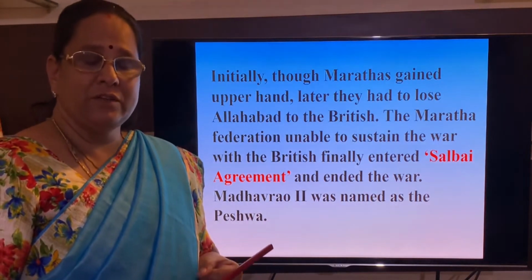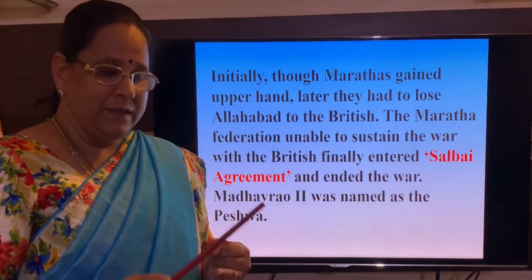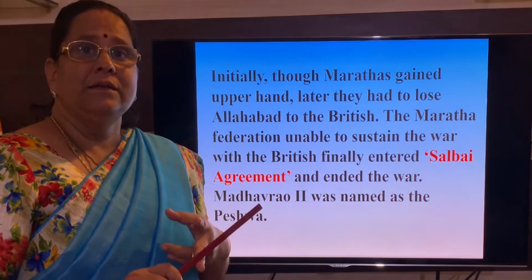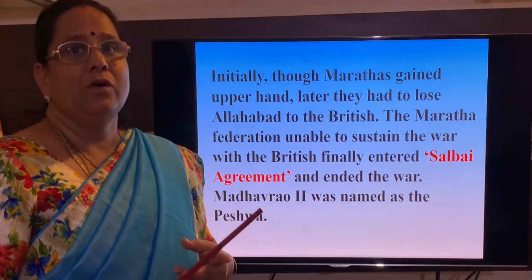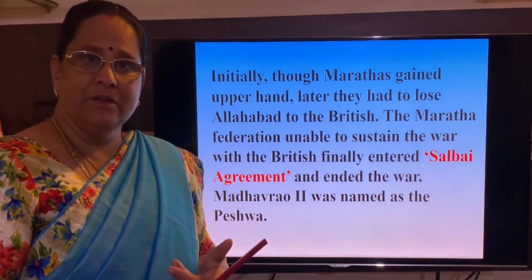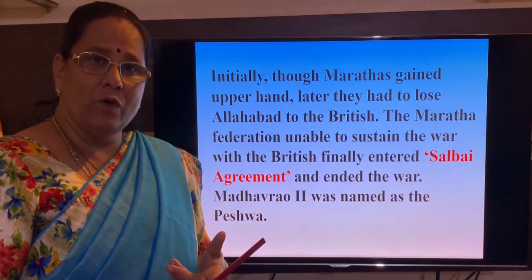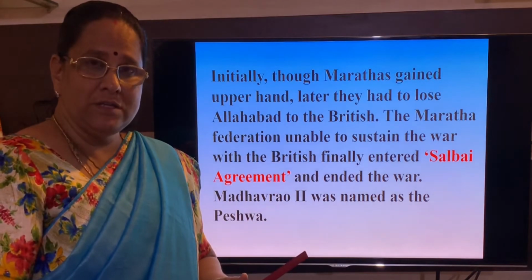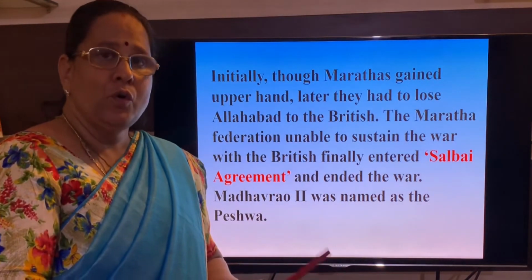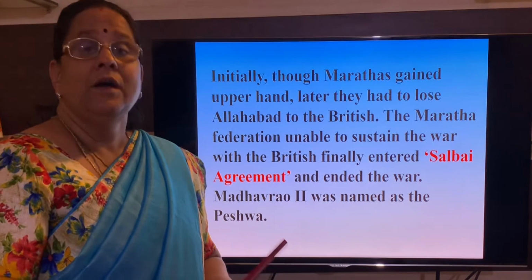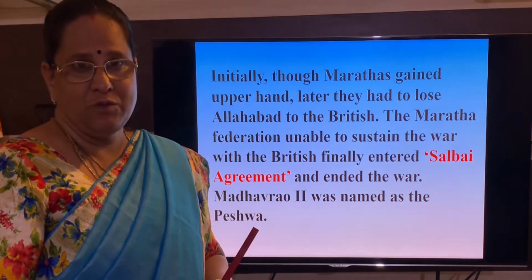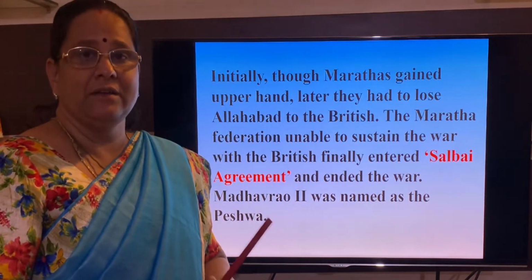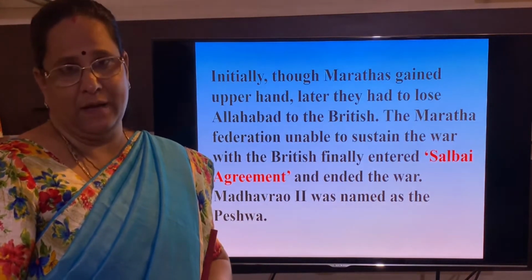After that, you have to explain about Madhav Rao, then Narayana Rao, Raghunath Rao, and taking advantage of this situation, the British waged a war against the Maratha. The Maratha Confederation wanted Madhav Rao II, the son of Narayana Rao, to be the next Peshwa. The British were trying their best so that Raghunath Rao would be the next Peshwa.